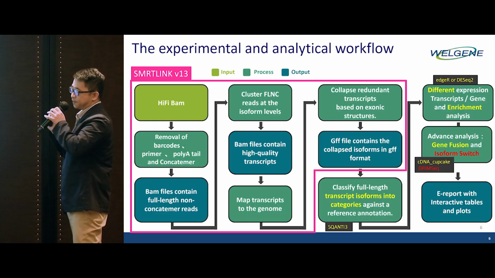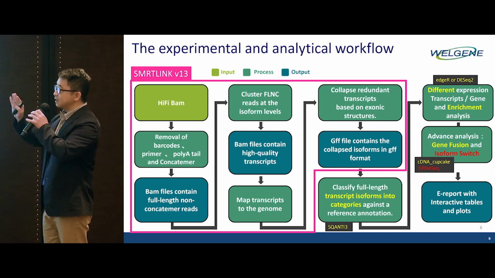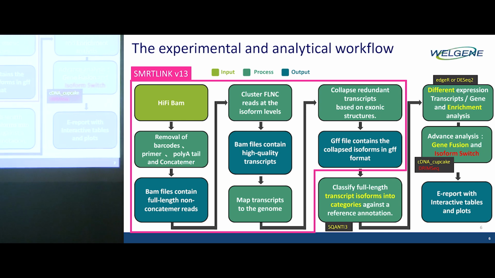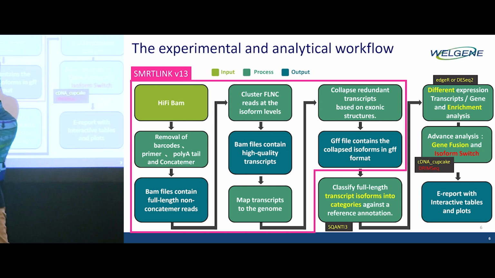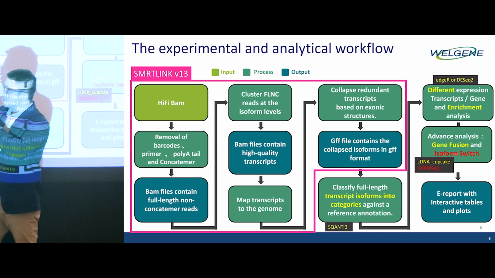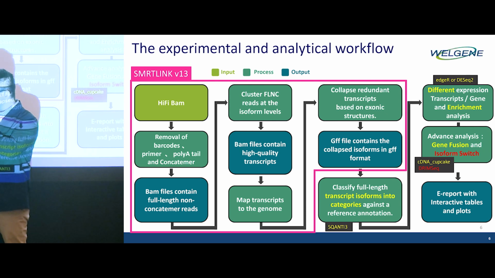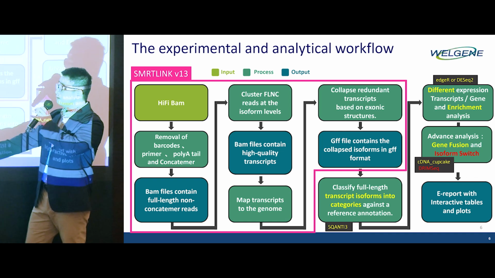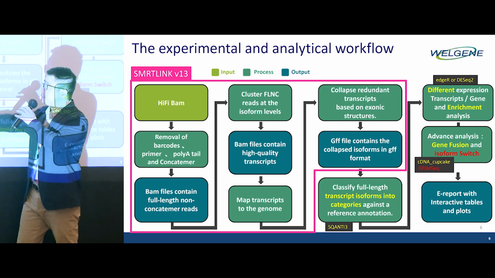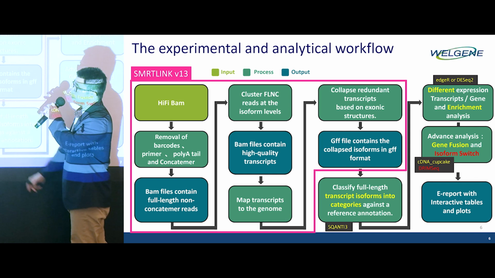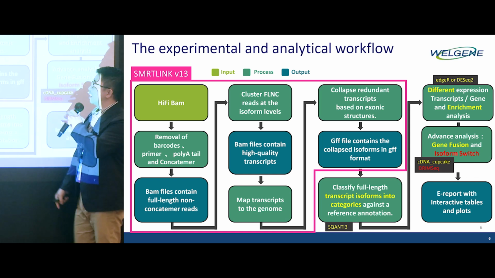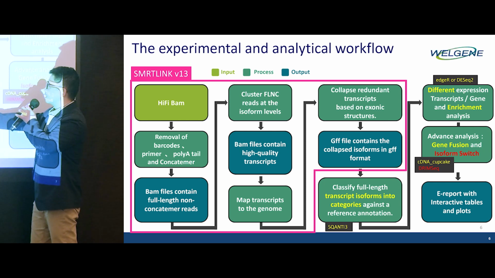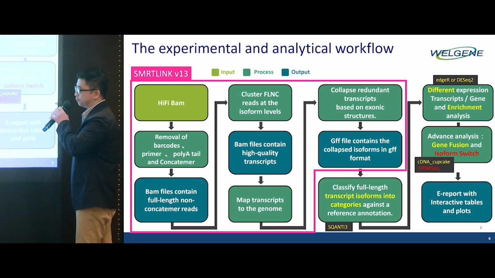Now I will give a brief talk on this analytic workflow. Once the subread file is obtained from the instrument, the barcode and the primer and poly A tail are removed. Then the user can get full-length non-contaminated reads. Now the high quality transcripts will be collapsed. Then based on the exon structure against the genome, you can get the collapsed isoforms in GFF format.